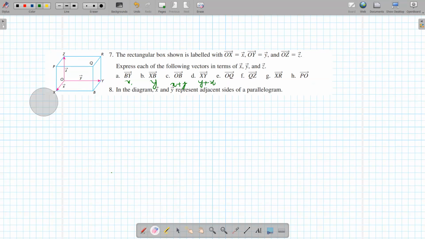OQ. Okay, this one we're going from here to here, this way. And I think it's gonna be all three of them now, because there's length, width, and a height.